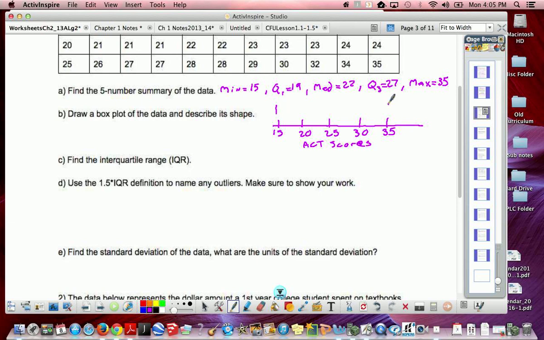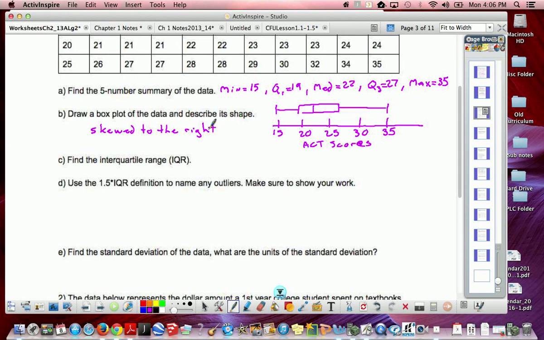My min was 15, my max was 35, my Q1 was 19, median 22, and Q3 27. Go ahead and connect the box for the middle, whisker, and you can see that we got a little bit of a longer whisker on the right side than the left side, so we can say that it is skewed to the right.